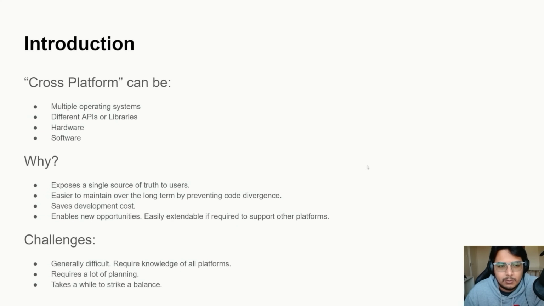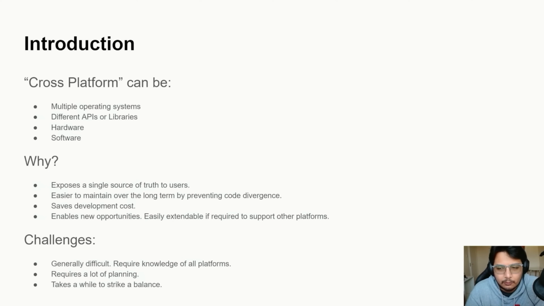Usually the term cross-platform, the way it works in the software industry, is locked to a certain meaning. But in the context of this presentation, cross-platform can have a wide meaning, right? It's a spectrum.